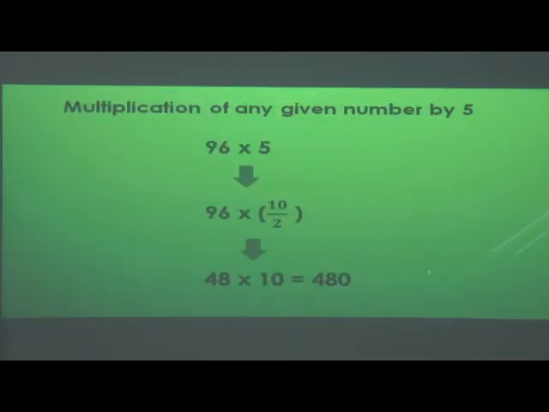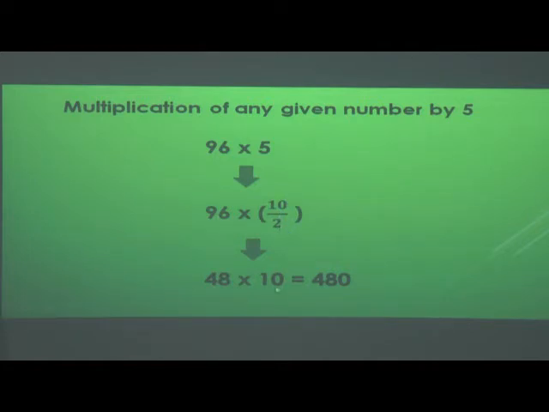Now let us see multiplication of any given number by 5. 96 multiplied by 5. Now 5 can be written as 10 divided by 2. So 96 into, in the bracket, 10 divided by 2.